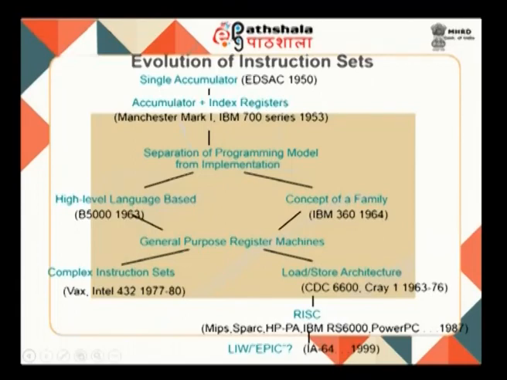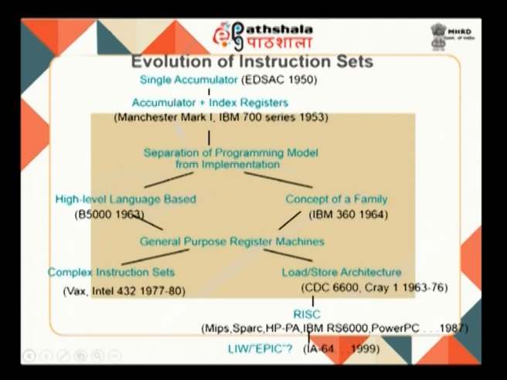Now, this is just to give you a picture of the evolution of the various instruction sets, starting from the single accumulator instruction set which was used in EDSAC as early as 1950. Then you went to accumulator plus index registers in 1953, and then you had a separation of programming model from implementation.